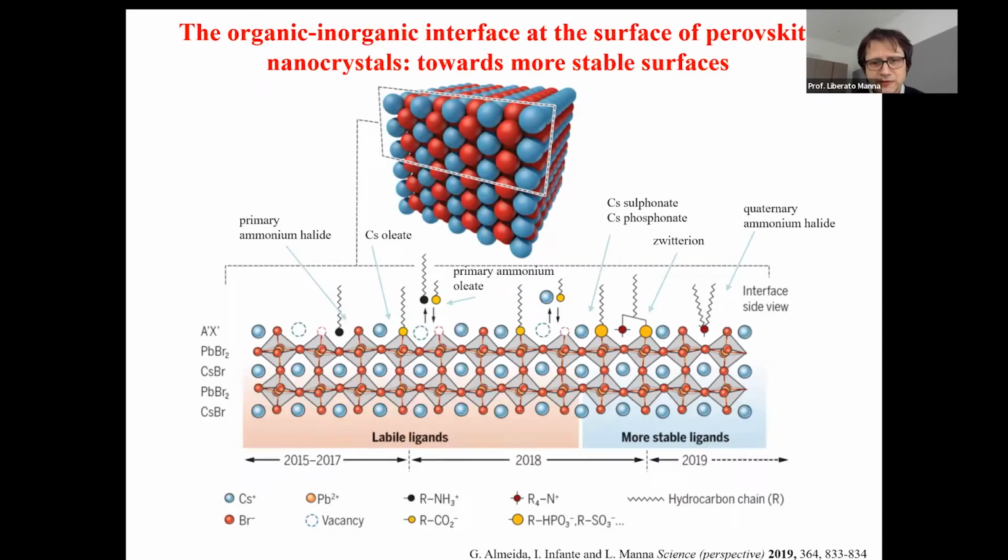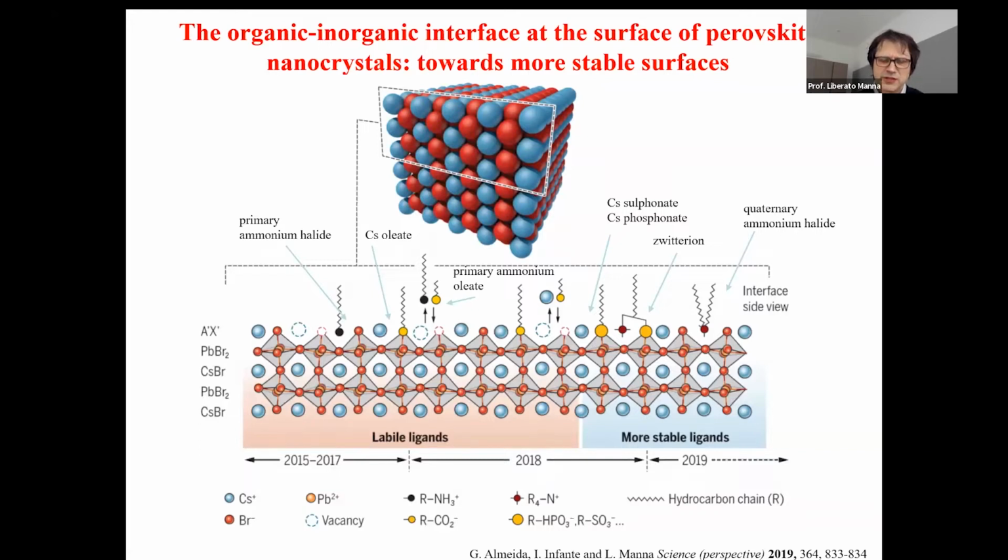Now, you can choose different ligands for passivating the surface of the nanocrystals, but traditionally alkylammonium and carboxylates can easily be protonated or deprotonated, so they can detach from the surface of the nanocrystal, and this causes high instability of the material.